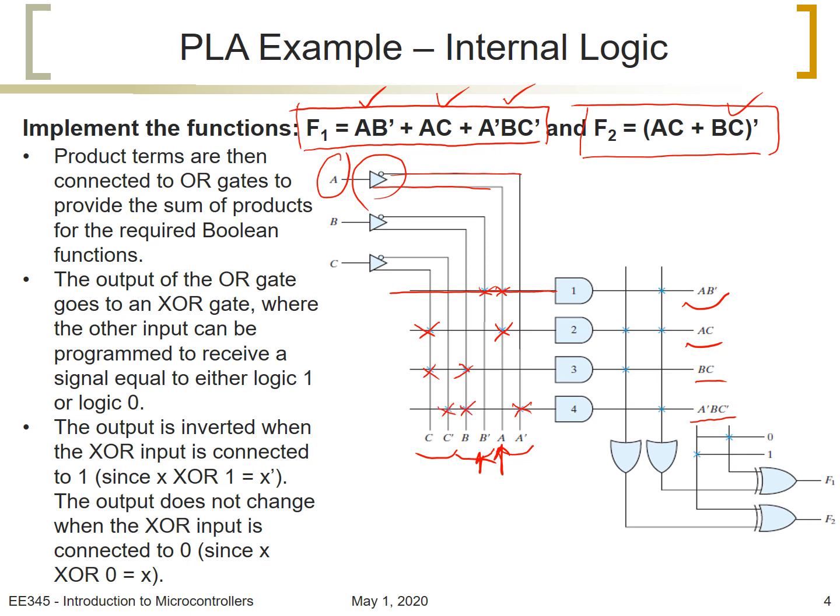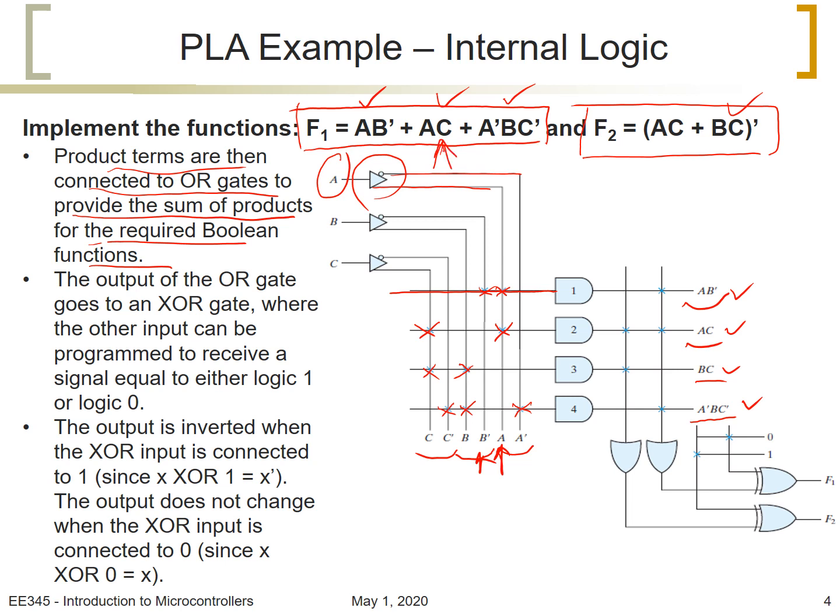And then the product terms are connected to OR gates to provide the sum of products for the required Boolean functions. So now we have 4 products: AB prime, AC, BC, and A prime BC prime, and we want F1 to be the ORing of the first 3.